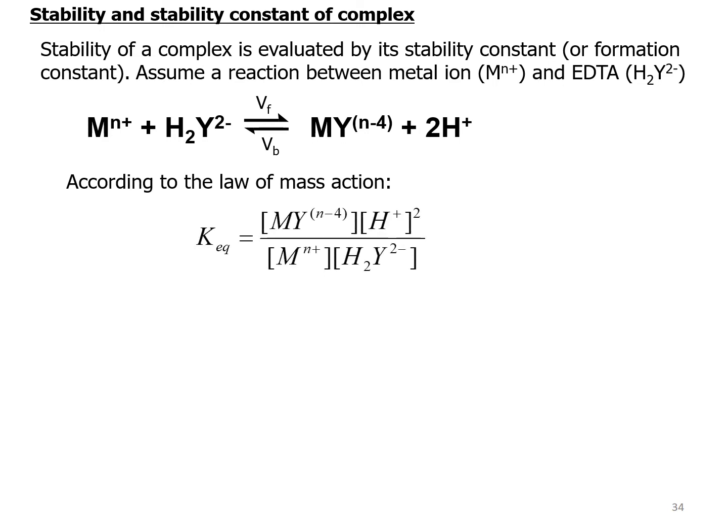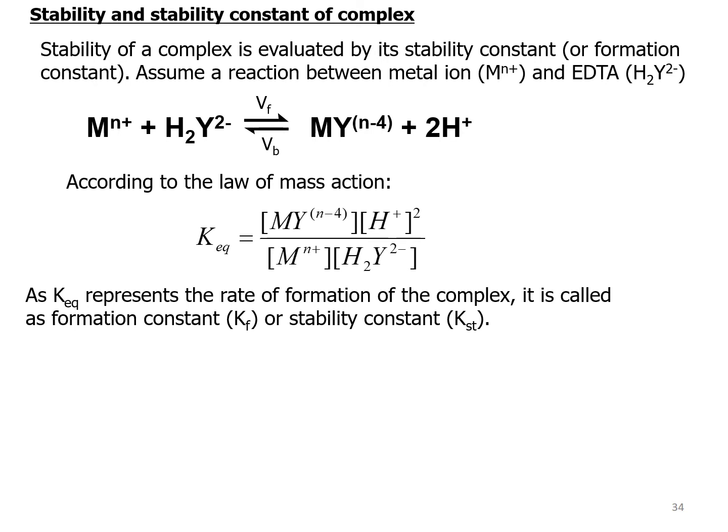According to the law of mass action, the K equilibrium is the value of dividing the parts after the reaction over the parts going into the reaction. So the K equilibrium represents the rate of formation of the complex. It is called the formation constant or stability constant.